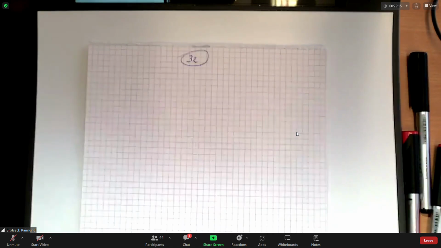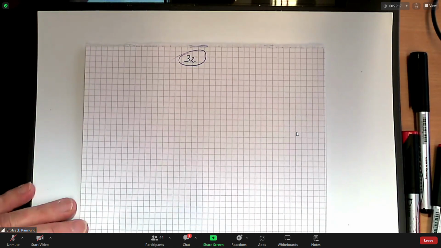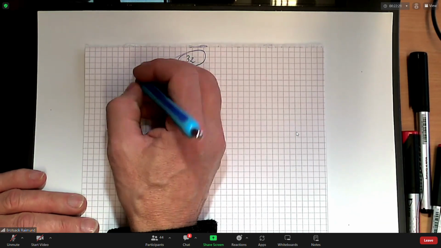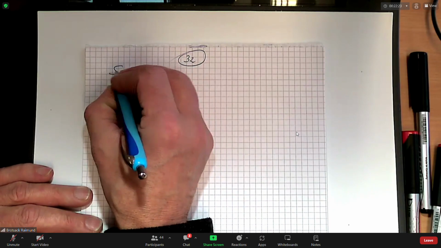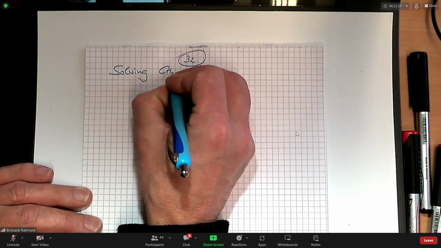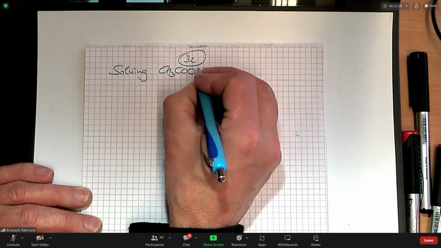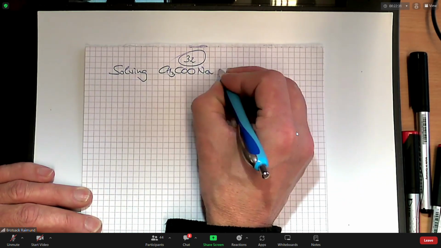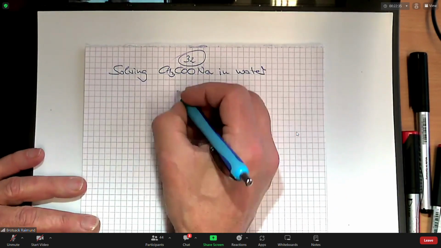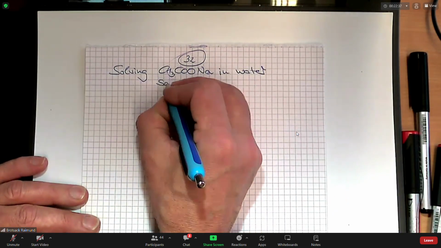So now we are dissolving sodium acetate in water. This is sodium acetate.